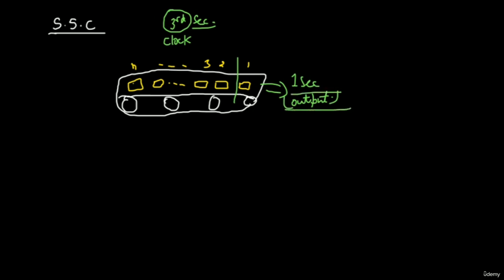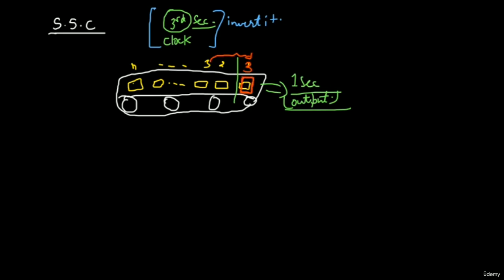So we set the clock for 3 seconds, and in the third second it's written that invert it. So by the time 3 reaches all the way to here, the 3 will get changed or inverted.